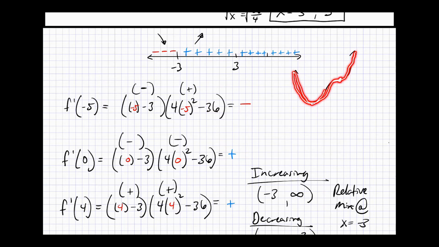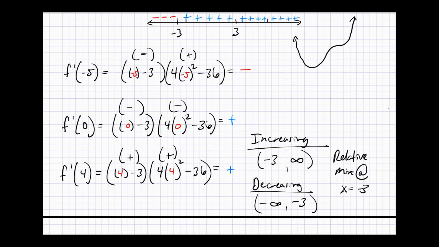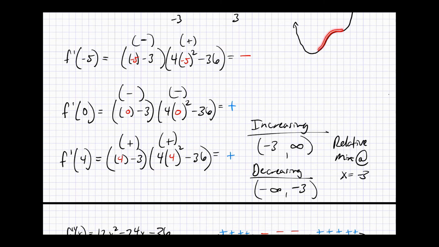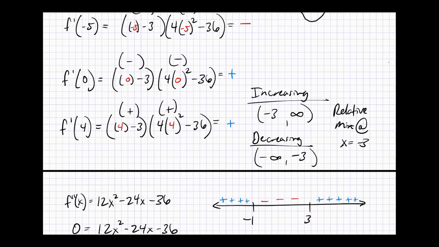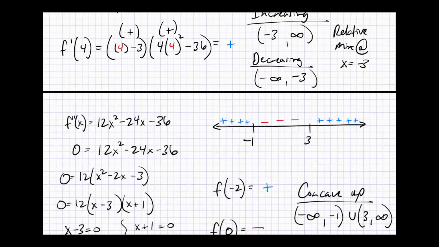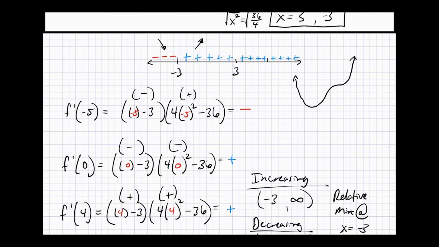So this is an inflection point here, right? 3 is actually an inflection point. It's not a maximum or minimum, it changes from concave down to concave up. And then there's also an inflection point right here at -1. So this is -1, this is +3, this is -3.